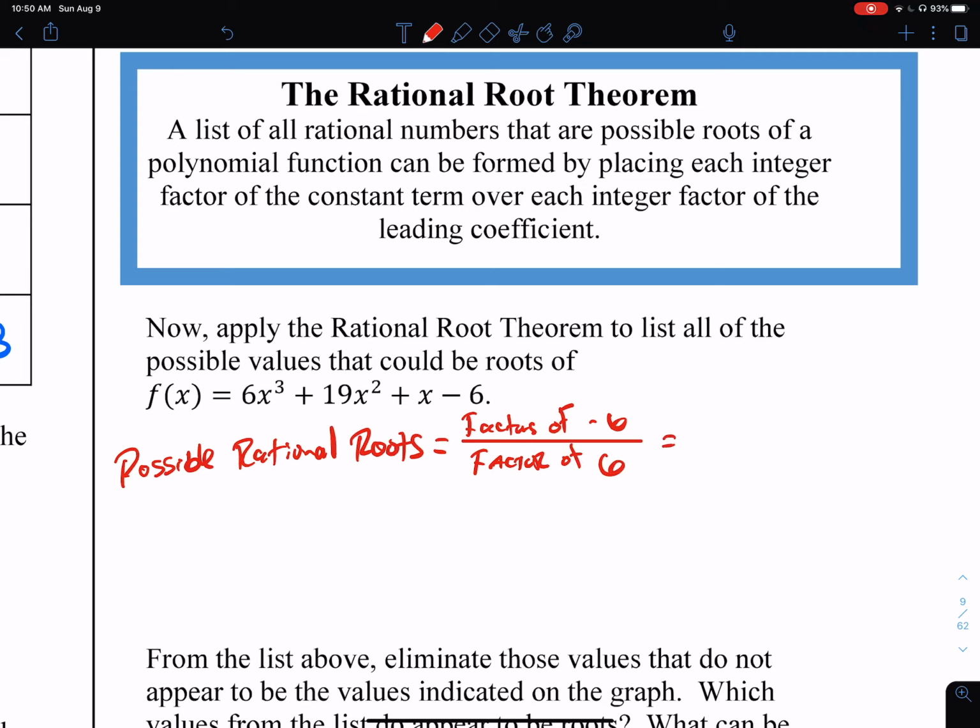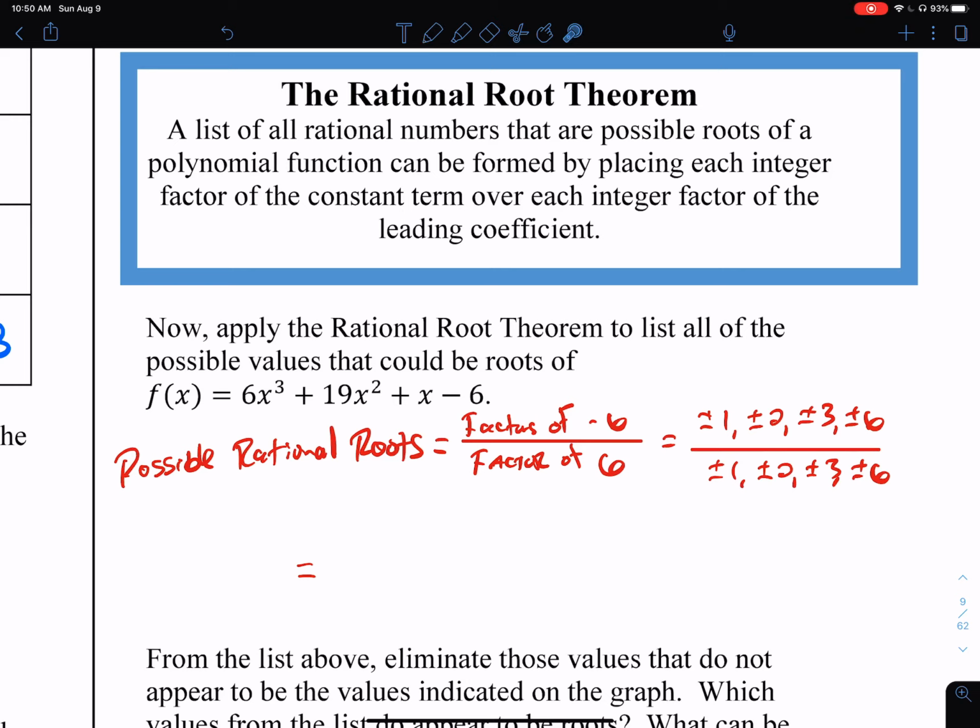The factors of the constant are plus or minus 1, plus or minus 2, plus or minus 3, plus or minus 6. The factors of 6 are plus or minus 1, plus or minus 2, plus or minus 3, plus or minus 6.